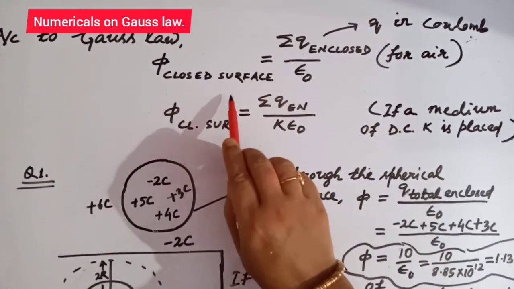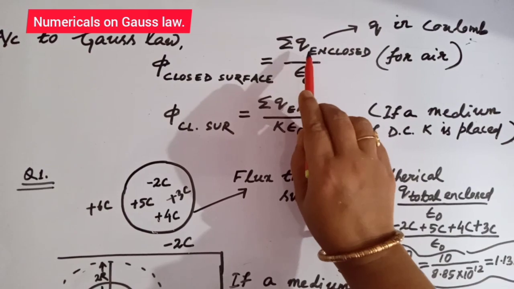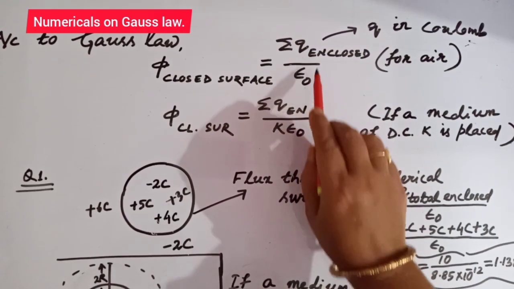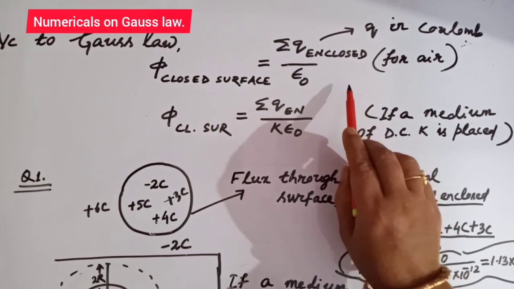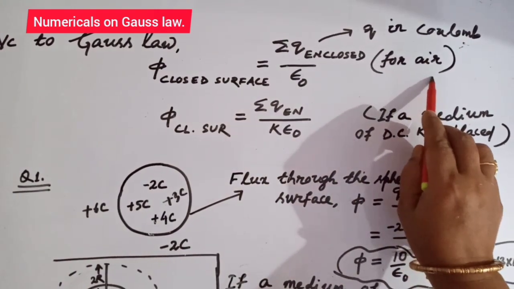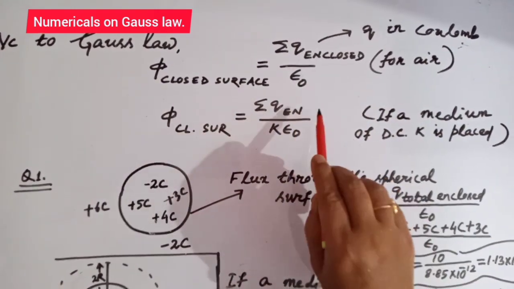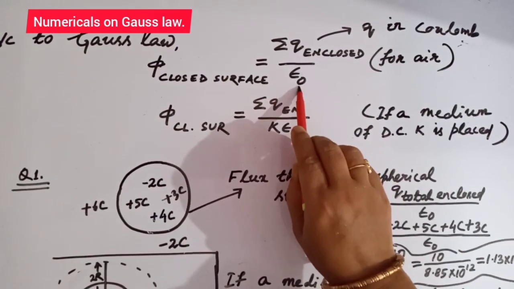Thus, flux through a closed surface is equal to total charge enclosed by the surface divided by epsilon naught. This formula is for air or vacuum. That is, if the medium is air or vacuum, then here is epsilon naught.